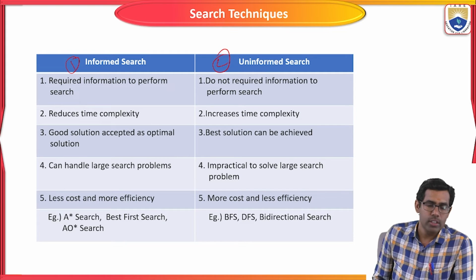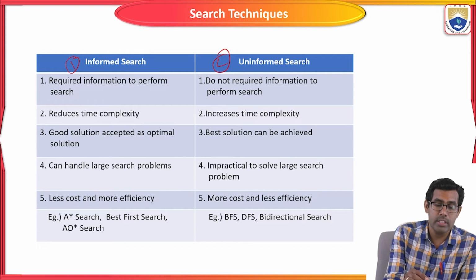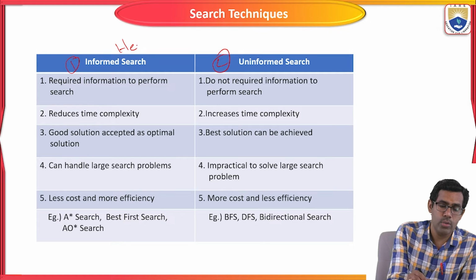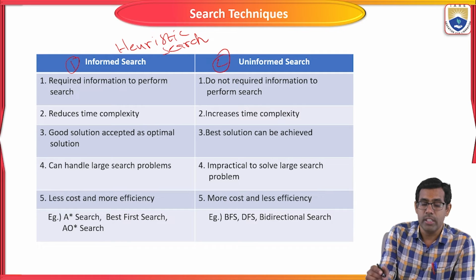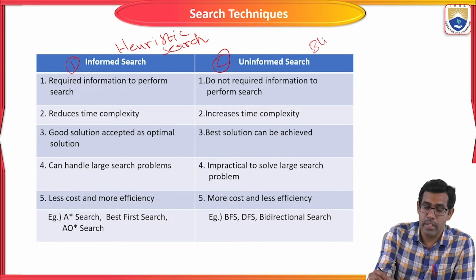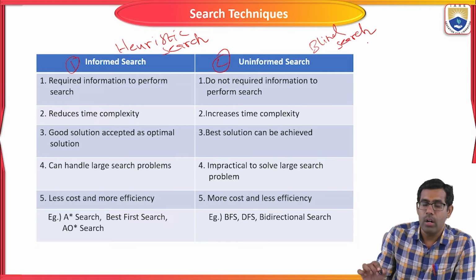Informed search is also called heuristic search. It's a familiar word. Heuristic search is also called informed search. Uninformed search is called blind search, or brute force search.